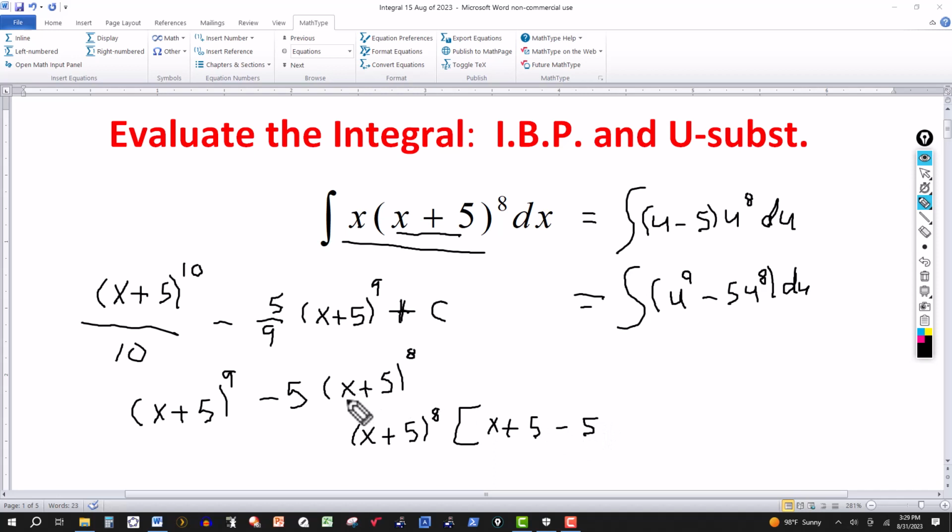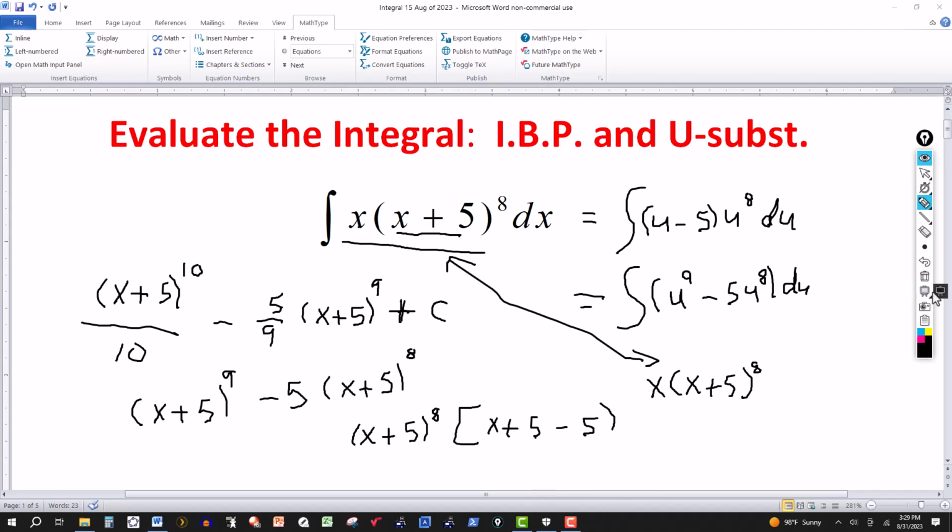Whereas here we took everything, (x plus 5) to the 8th, so that just leaves me with minus 5. So 5 minus 5 cancels, leaves me with x. I'm left with just x times (x plus 5) to the 8th, which is the integrand. So it checks out.